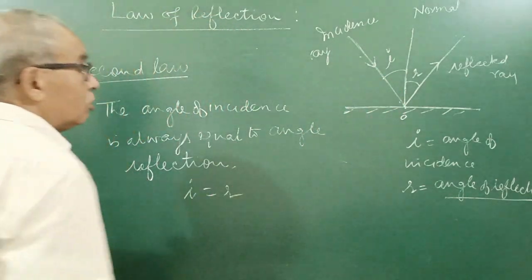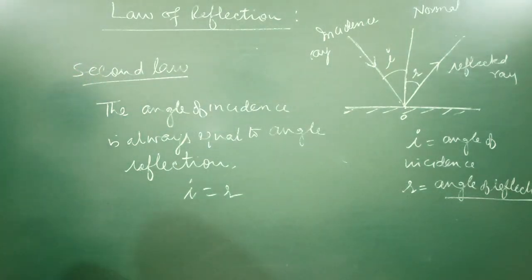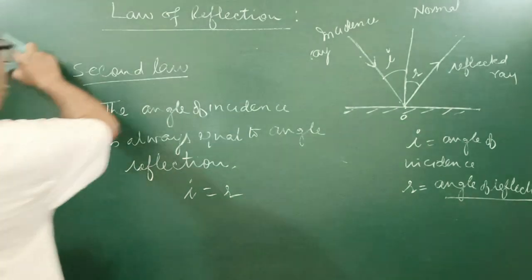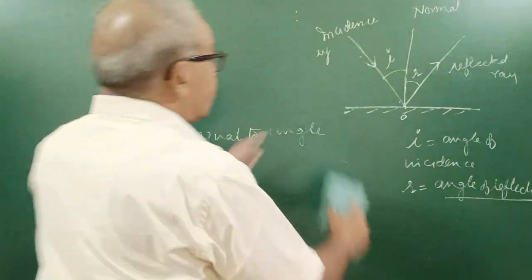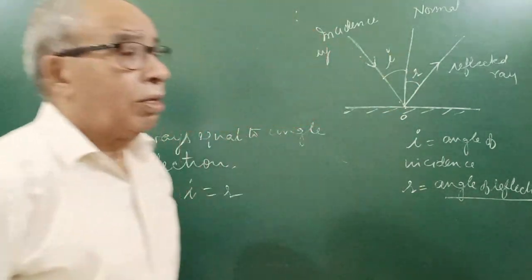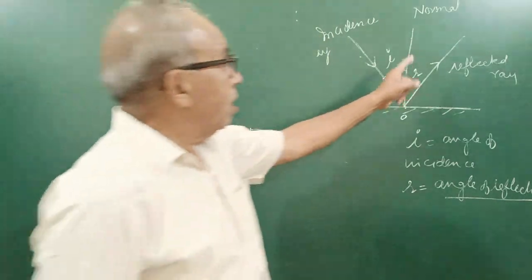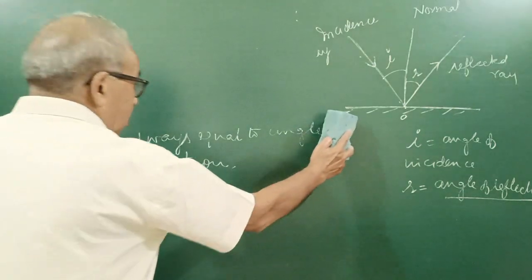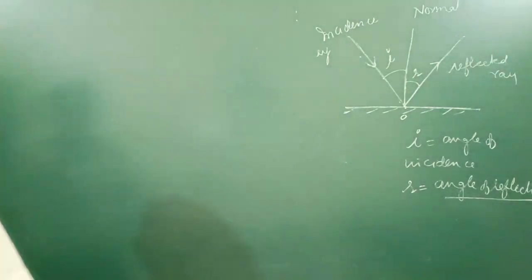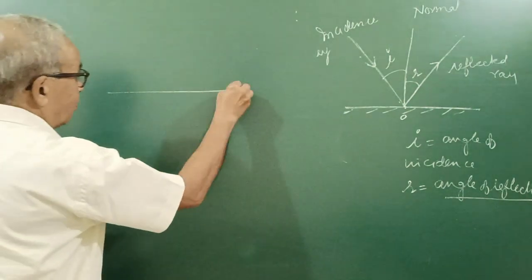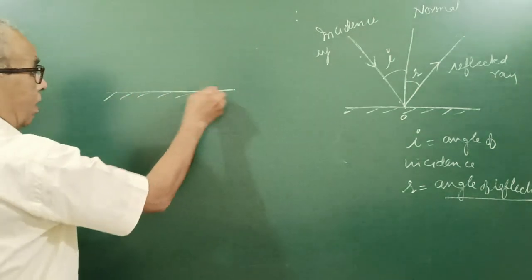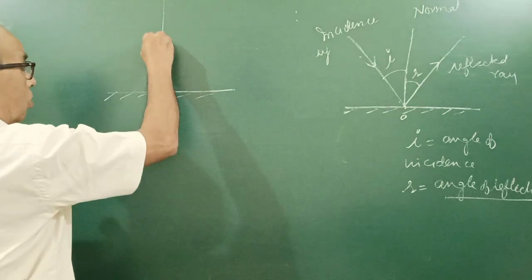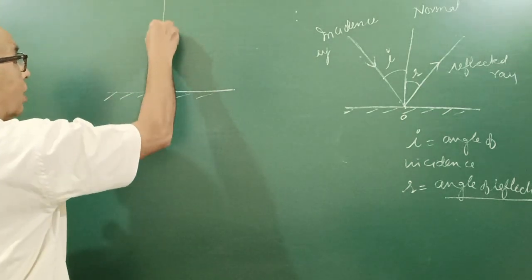Now, what is the definition of angle of incidence and angle of reflection? The angle between the incidence ray and the normal is called the angle of incidence. The angle between the normal and the reflected ray is called the angle of reflection. So if this is a plane mirror and the ray is incident normally, sometimes we say the angle of incidence is 90.